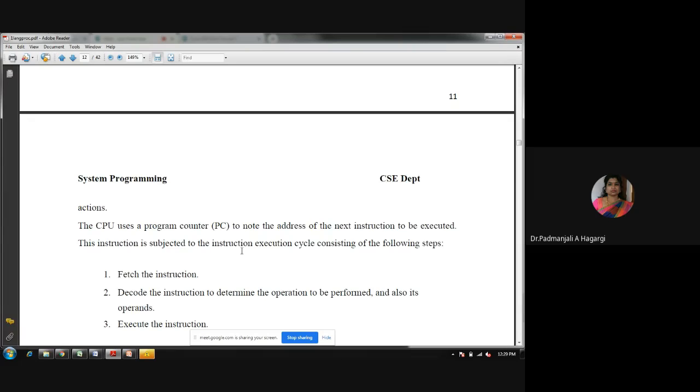How a program is generated means how a program is ready for execution. Now, I said there are different translators: compilers, assemblers, linkers, and loaders.